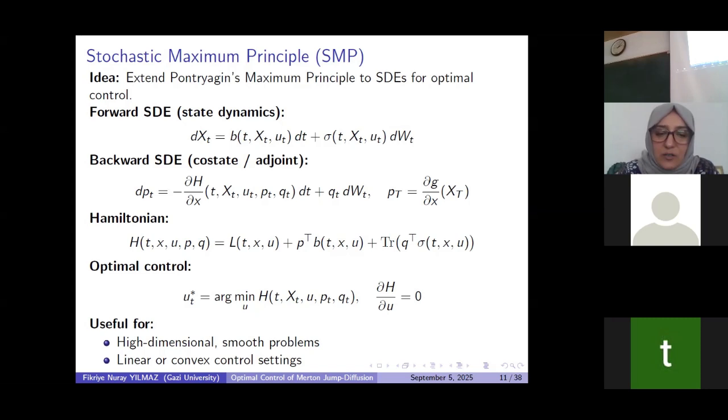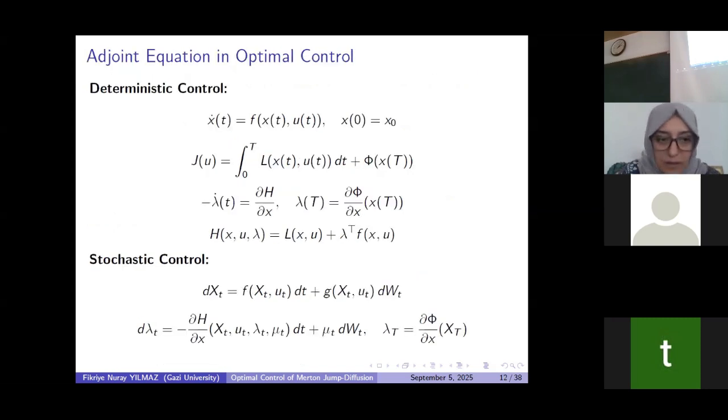Here P and Q are called adjoint variables, and we get optimality conditions when we take derivatives of the Hamiltonian with respect to variables u and y.